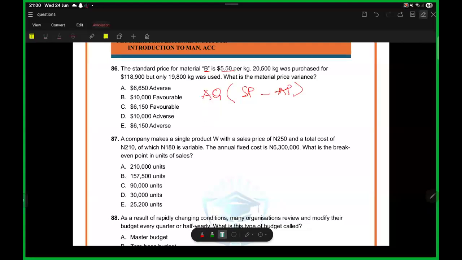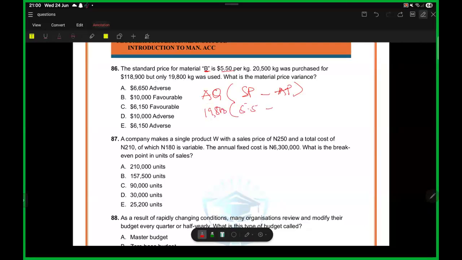Let me just write it straight. We are saying only 19,800 was used, so that is the actual quantity, and this is the budgeted or standard quantity. So 19,800 into bracket, the standard was given as 5.5 minus the actual.